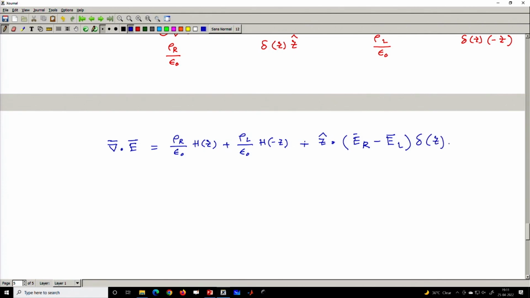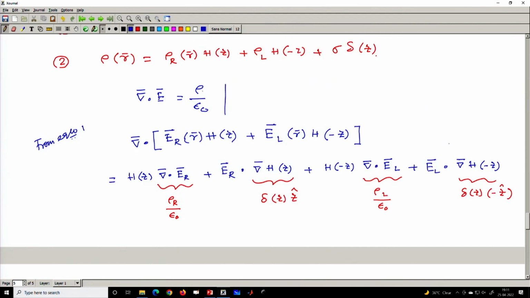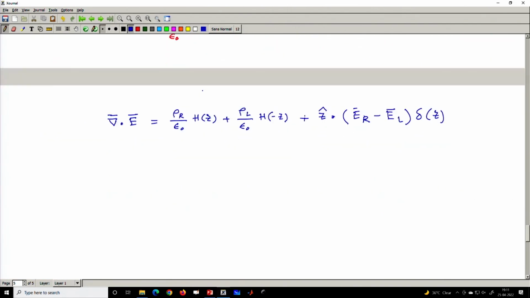Okay. Now, on the right hand side of divergence E, I still have rho by epsilon 0. So this quantity is simply rho divided by epsilon 0.